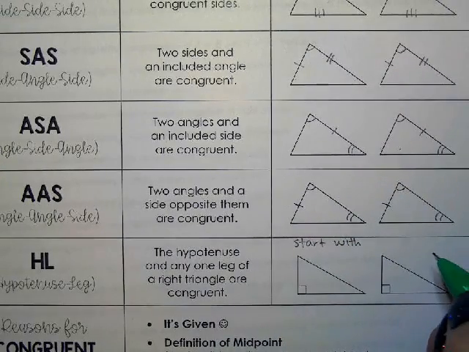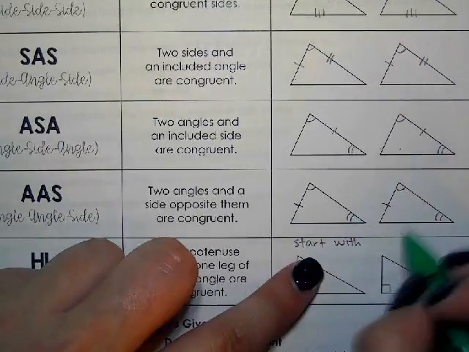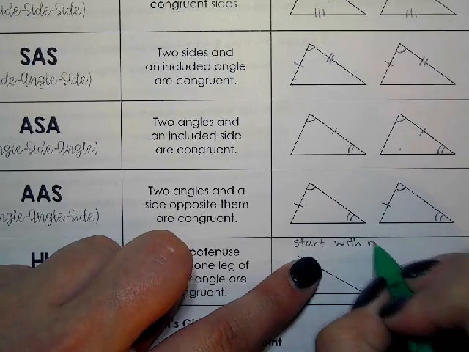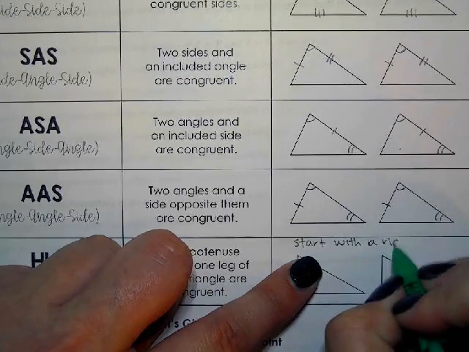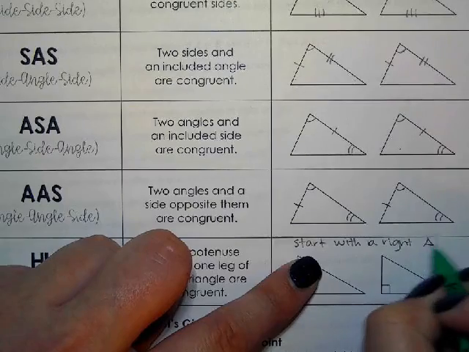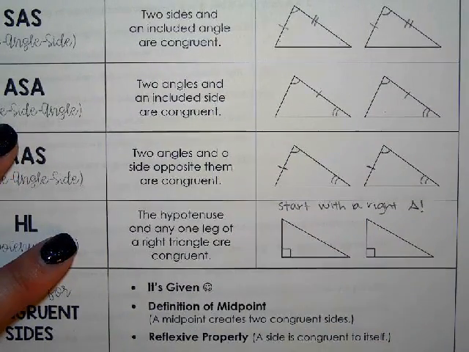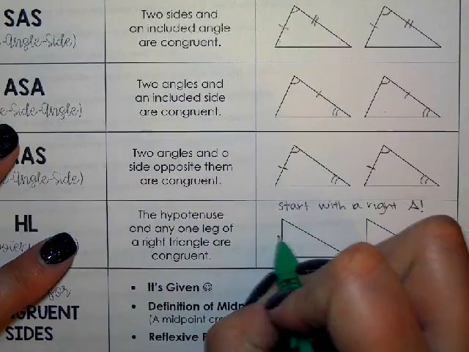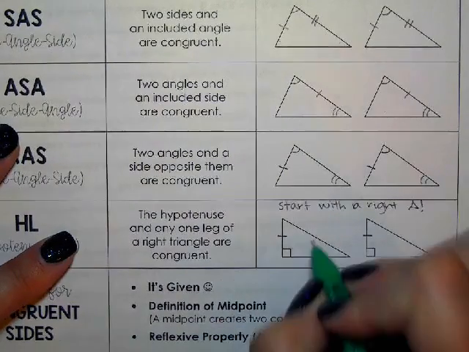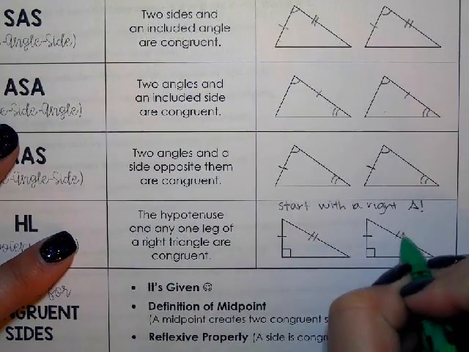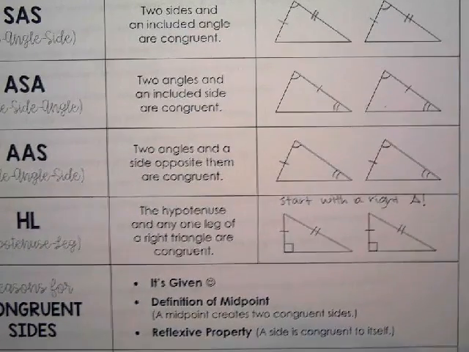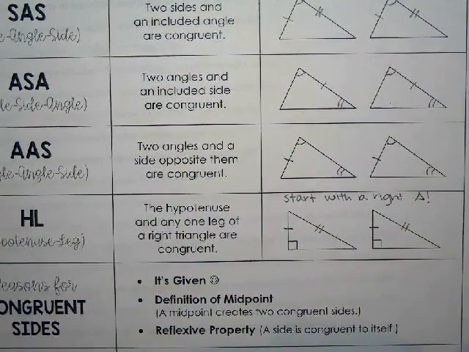And if it's clear to you that it says that already, then you don't need to write it. But I'm going to write start with a right triangle, because you have to have that first. Then after you have that, as long as you have a leg that is congruent and then a hypotenuse that is congruent, then you can do a hypotenuse leg.